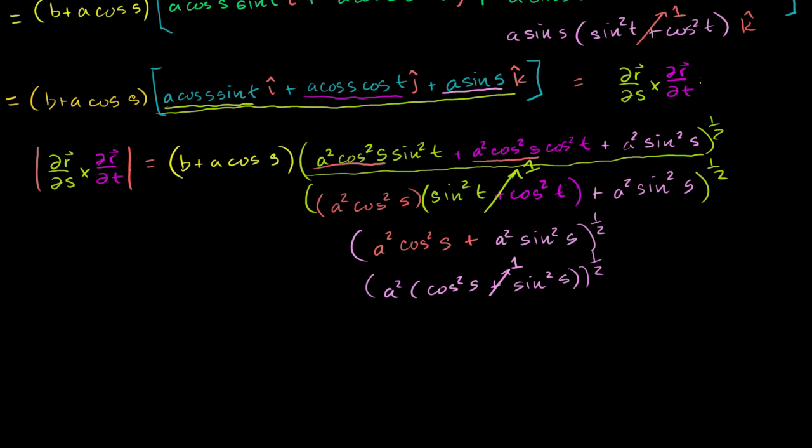So all of that crazy business right here just simplifies to a. So this cross product here simplifies to this times a, which is a pretty neat and clean simplification. So let me rewrite this.